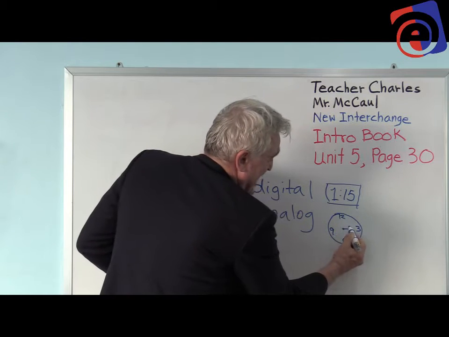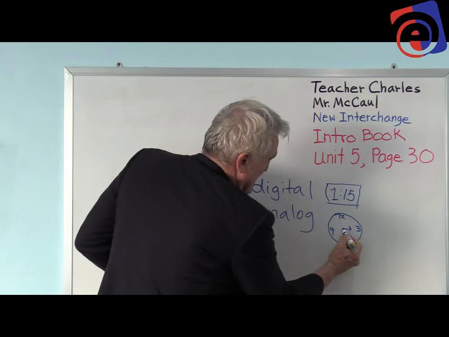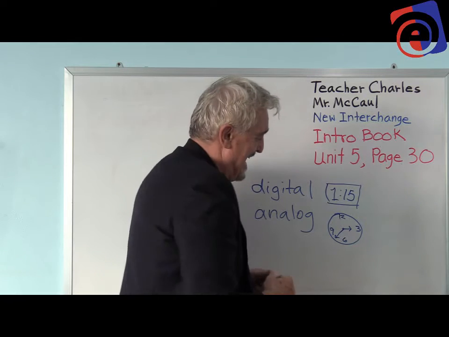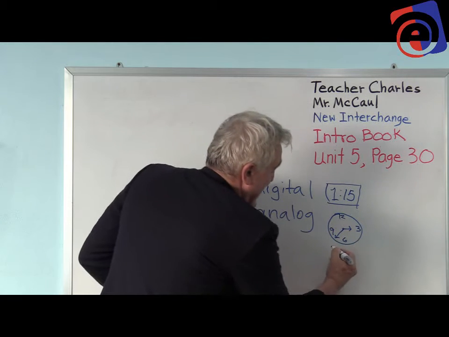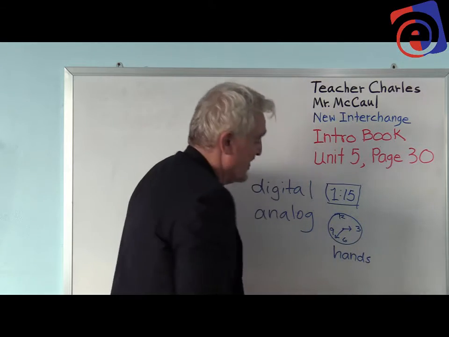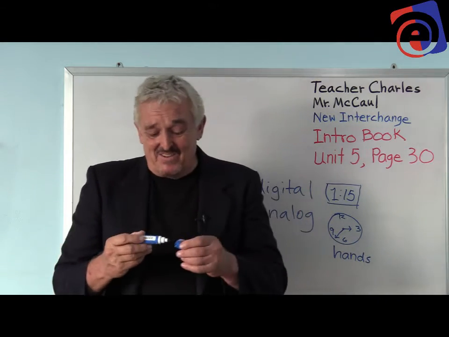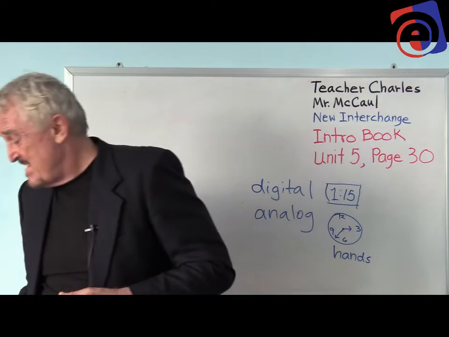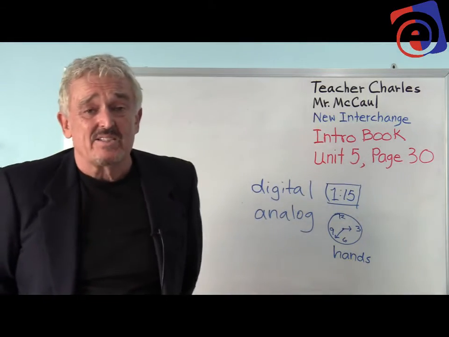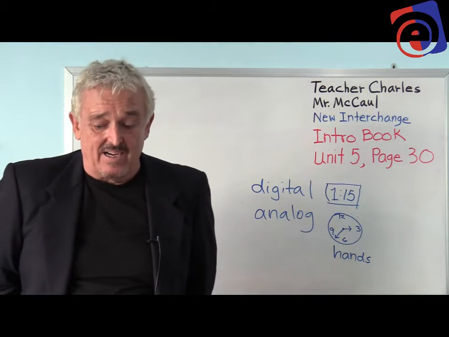And it has a short hand, which is an hour hand, and it has a long hand, which is a minute hand. So these are called the hands of the clock. The hour hand and the minute hand. But we have digital clocks and we have analog clocks.